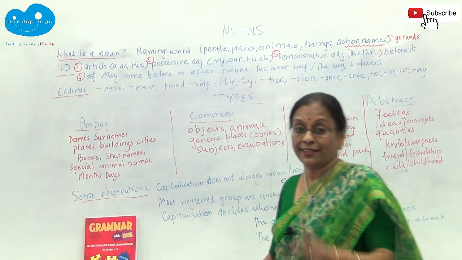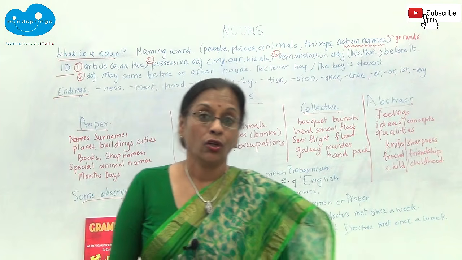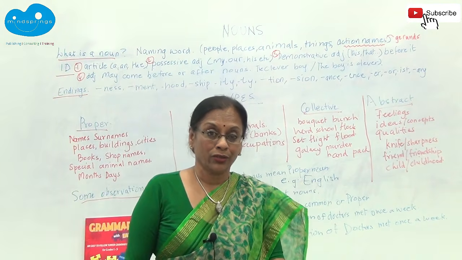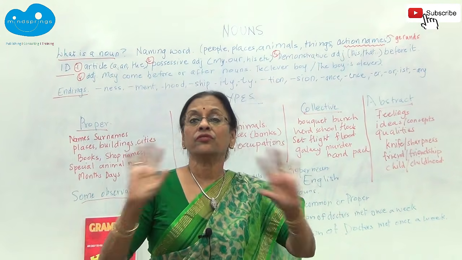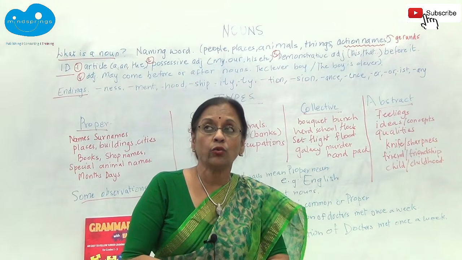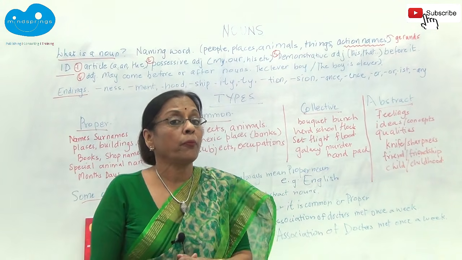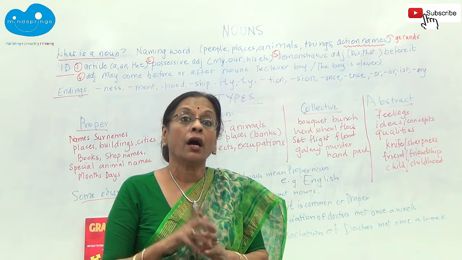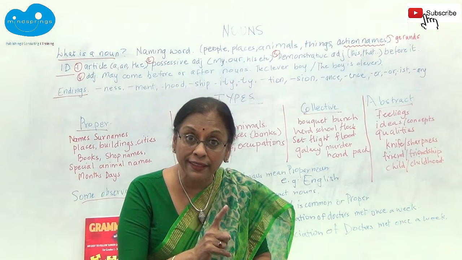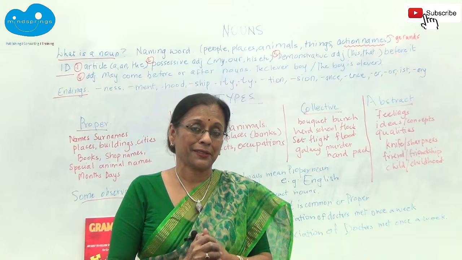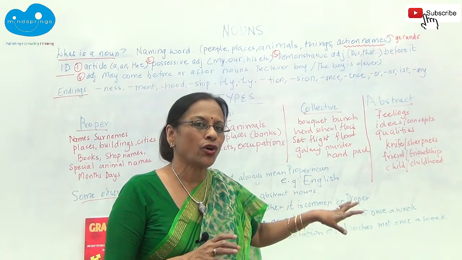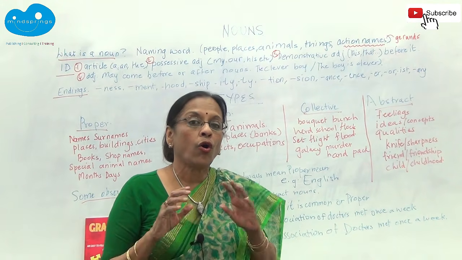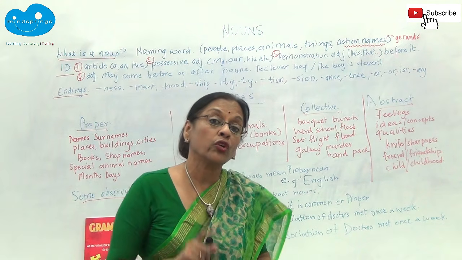Capitalization decides whether it is a common noun or a proper noun. Suppose I give you a sentence without any punctuation and you ask me, is it a proper or a common noun? I would say to you, are you going to capitalize it or not capitalize it? Some kinds of words in sentences, the meaning depends upon what you do with it.